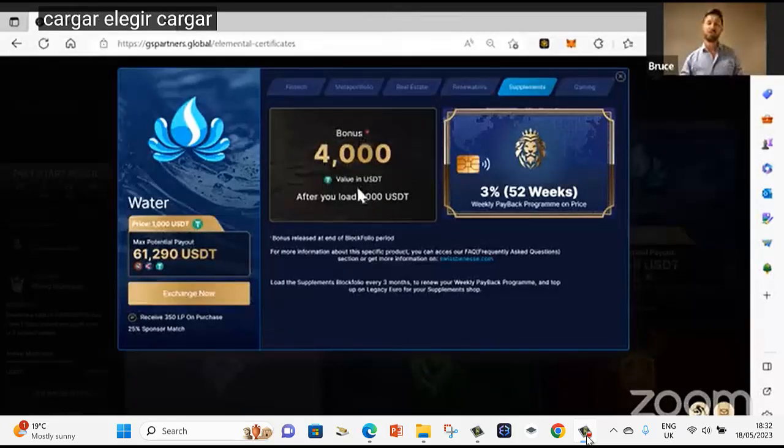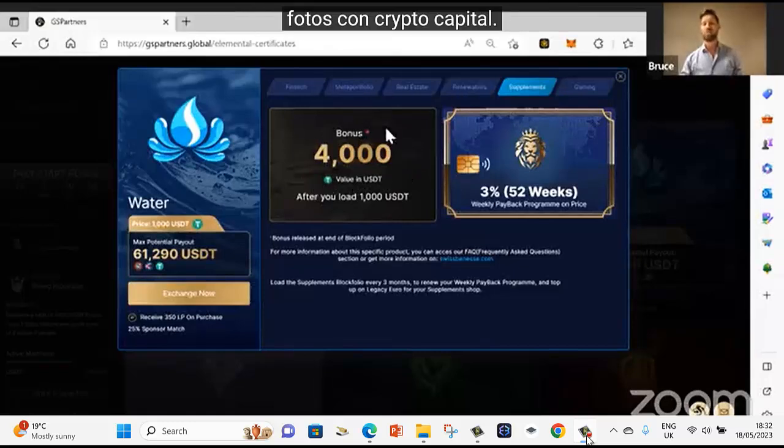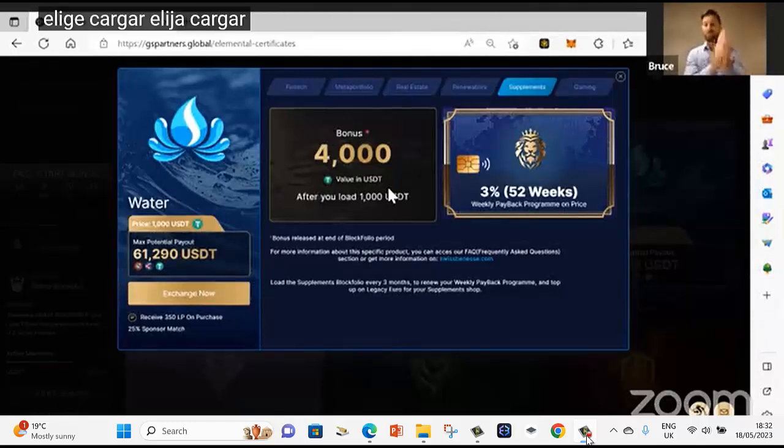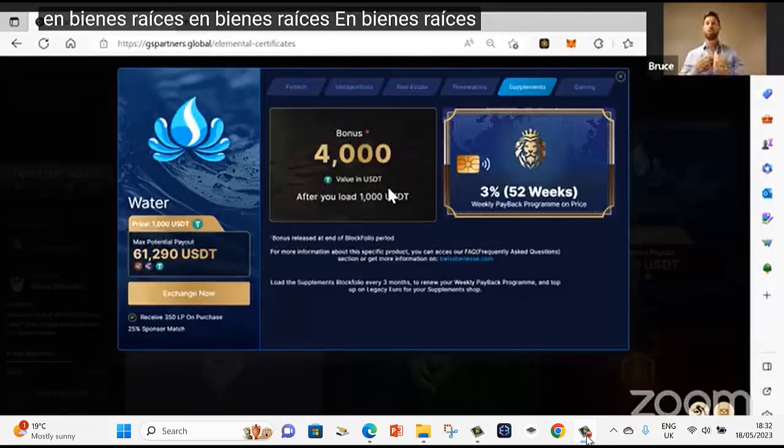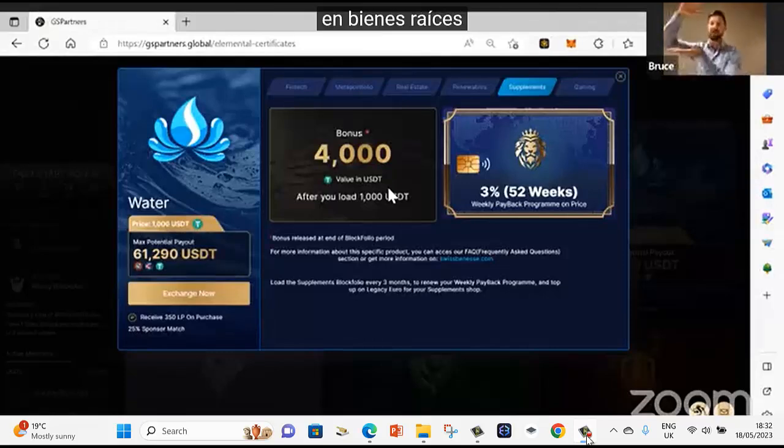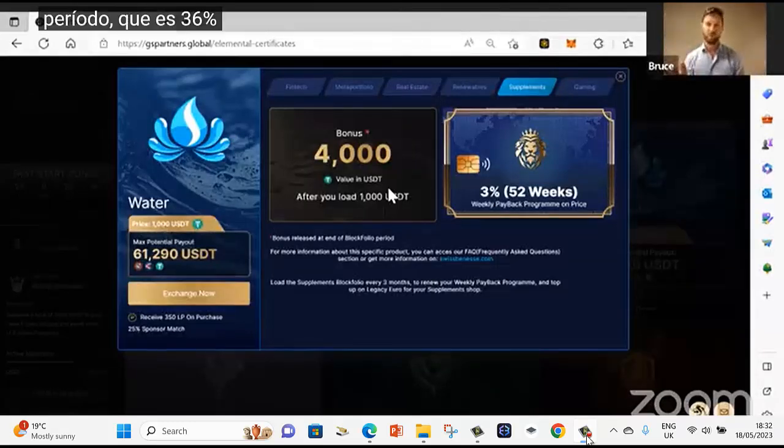And you will receive shopping credit to the value of 4 times larger than what you're seeing right now. This is a product-based blockfolio, meaning your load gives you shopping credits that you can bring into our supplement store. We're currently in pre-launch for supplements, which means if you are loading this, all you'll be doing is accumulating a large amount of shopping credit to be able to buy supplements and vitamins when we launch our store.